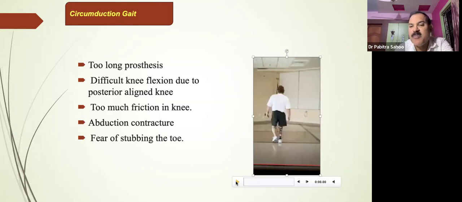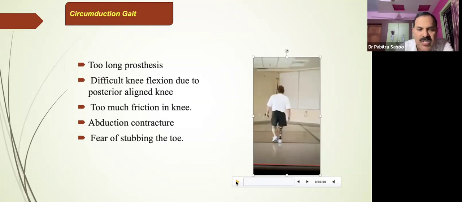There is also fear of stubbing of the toes. Some people fear that the toe may be dragged or impinged on the floor, because that's not a normal toe but an inserted prosthetic foot. With that idea in their mind, they circumduct to clear the ground.